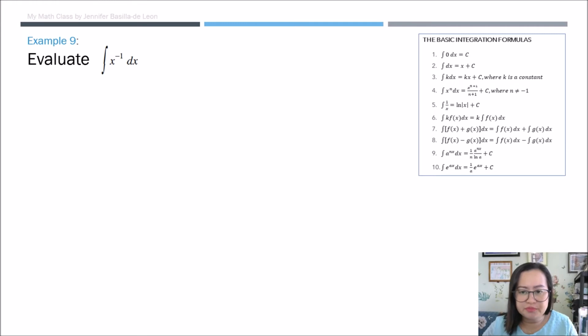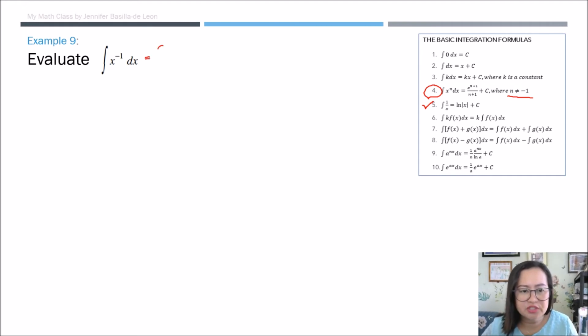So take note that in rule number 4, it is also given that n should not be equal to negative 1. So that explains that rule number 4 will not be used in evaluating the given expression. But instead, we shall use rule number 5.